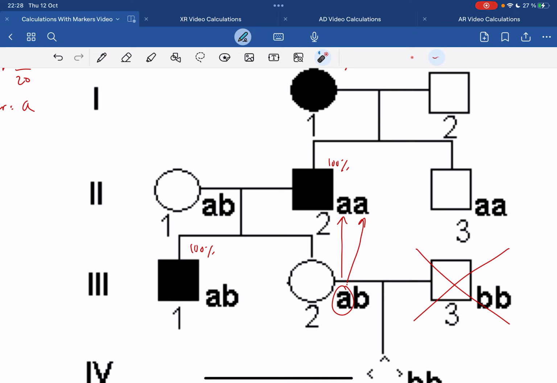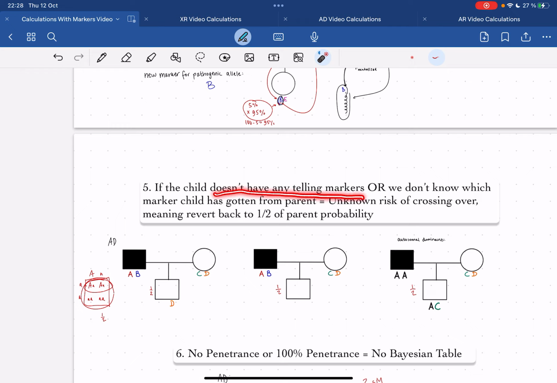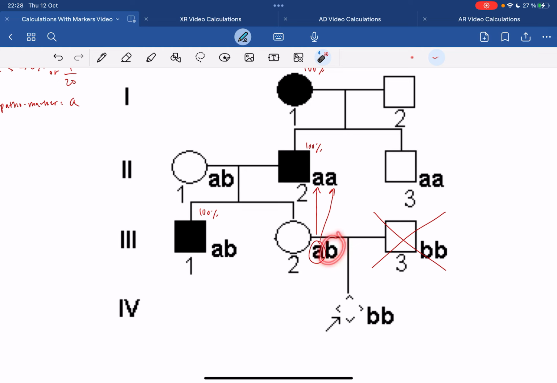Now remember, if the child doesn't have any telling markers, or we don't know which marker the child has gotten from the parent, there's an unknown risk of crossing over, meaning we revert back to 1/2 of the parent's probability. So in this case, we know for sure that this B must have come from the mom's mom, because the only way she could have gotten a B is from her mom.